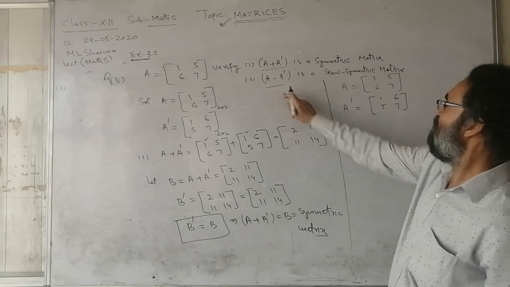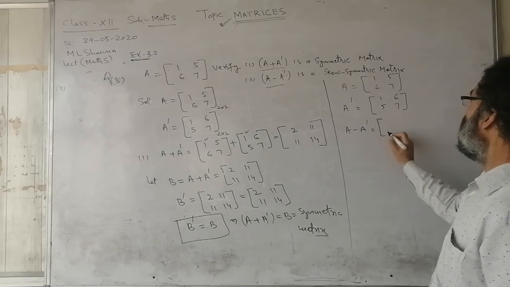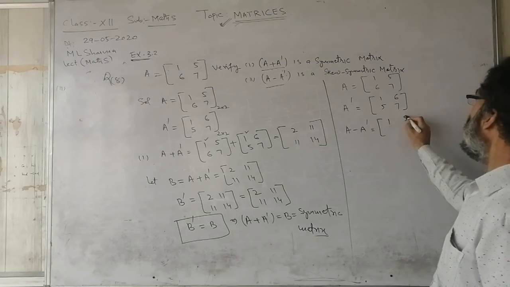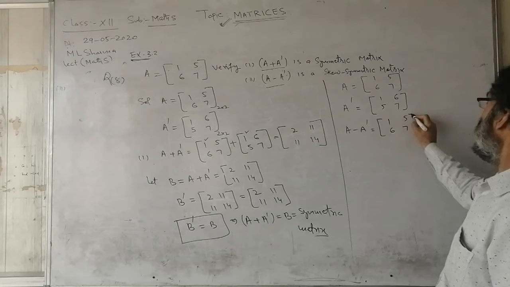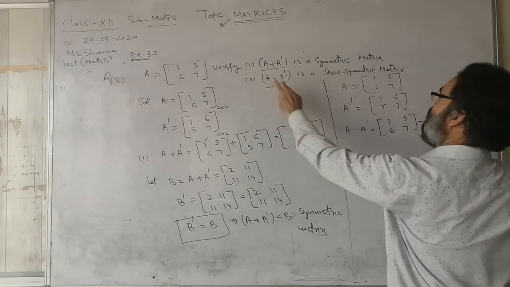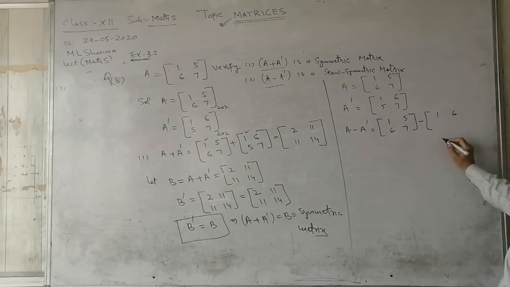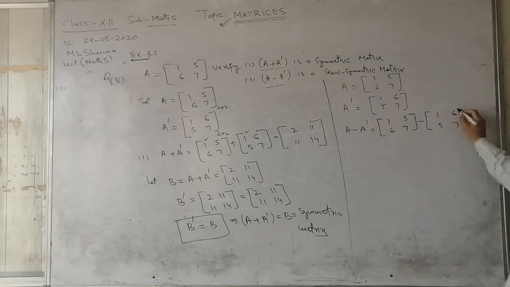Now for the second part, A minus A transpose, this will equal 1, 5, 6, 7 minus, here was plus, here is minus, so minus A transpose, that is 1, 6, 5, 7.